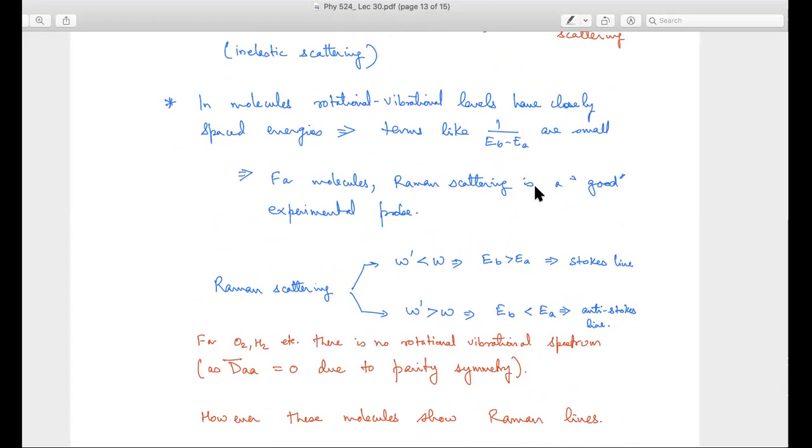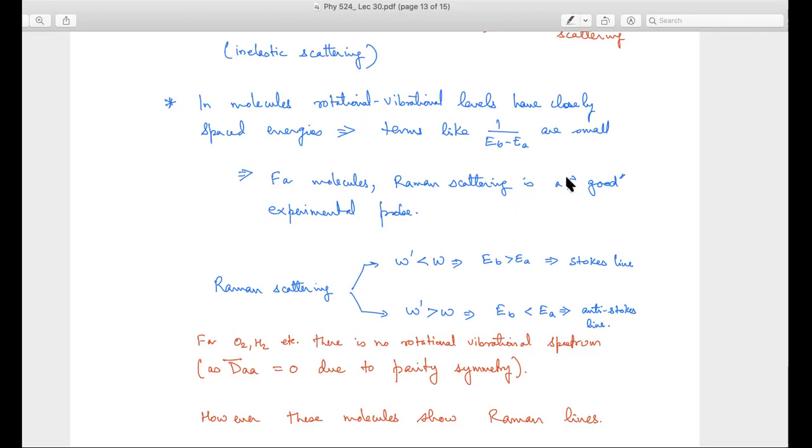So Raman scattering, which involves terms like 1 by EB minus EA in the dipole expectation value calculation, becomes stronger or plays an important role in figuring out the physical properties of molecules.